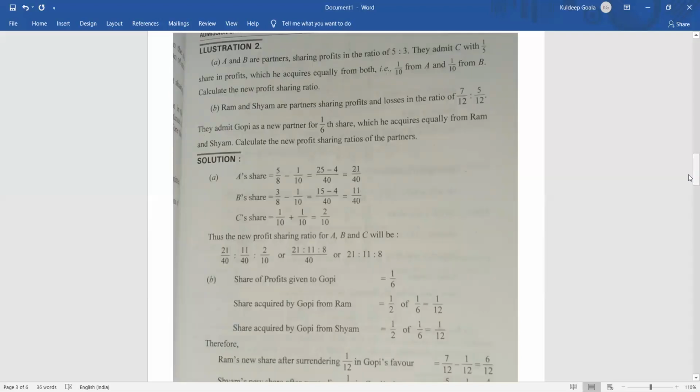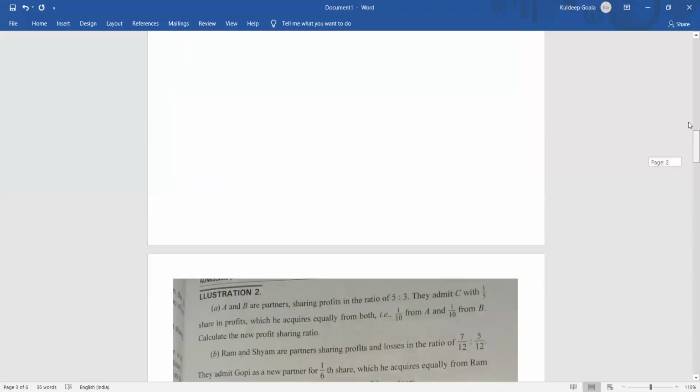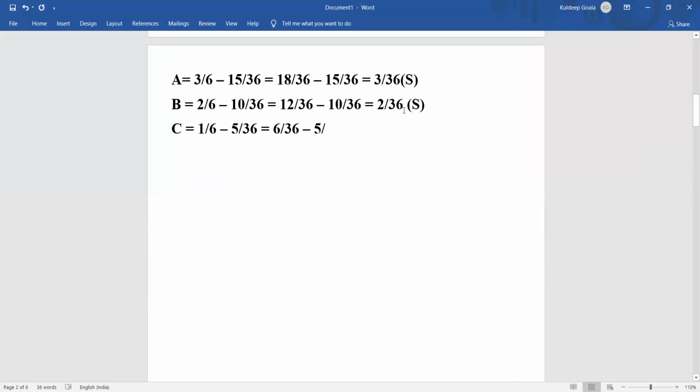So ultimately you are getting 1 by 36 as the sacrifice, isn't it? The sacrifice is 1 by 36.